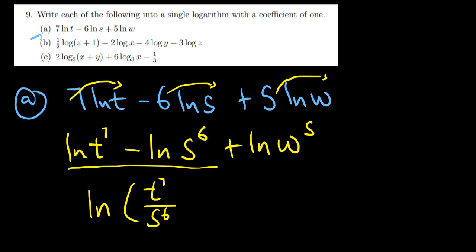And then from there we are adding, so we are going to say multiplied by w to the power 5. We can even extend this line like that. Whatever we have on top will be the same as what we have below. We're just using the laws of logarithmic functions.